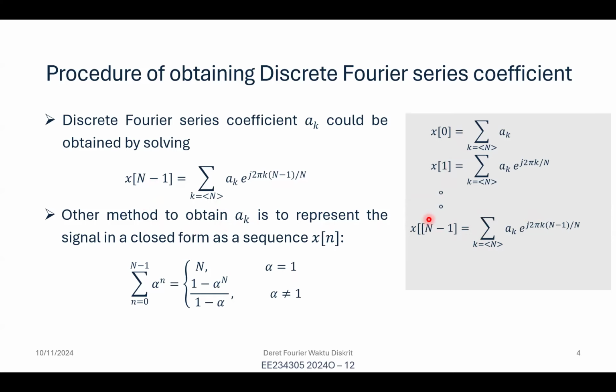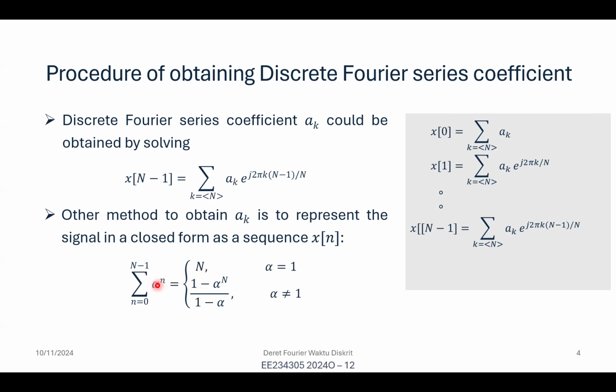x[n] here, we can represent as the sum of the signal alpha to the power of n, where n begins from 0 and ends at N minus 1. So this is the closed form representation, and this is the one that I think we have talked about a little bit in the class.